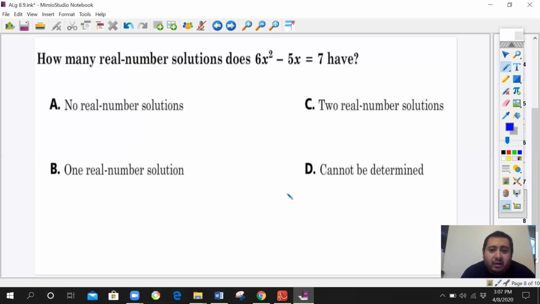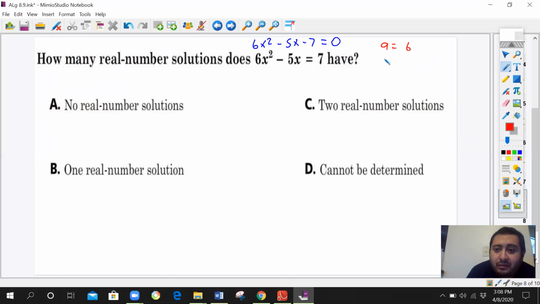Let's go ahead and practice it one more time. All right. How many real number solutions does 6x squared minus 5x equals 7 have? Let's move the 7 to the other side by subtracting 7. And we have the expression 6x squared minus 5x minus 7 equals 0. Let's label this.